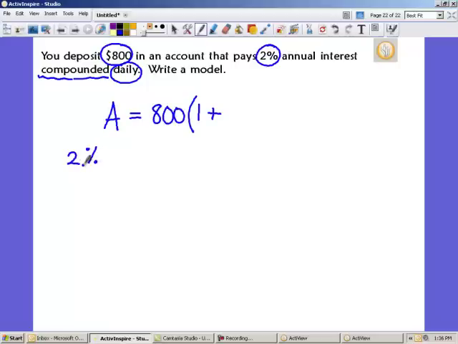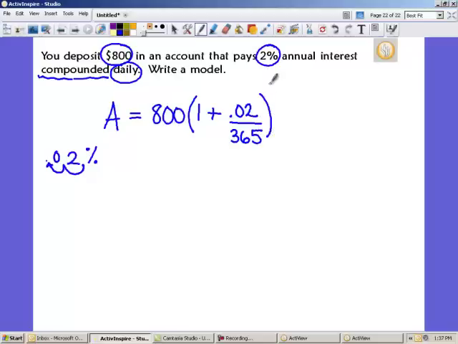The decimal starts here and we go back twice. So it's actually 0.02. And we're going to divide that by n, which is the number of times being compounded. Because this is daily, there are 365 days of the year. So that is how many times that they are putting interest into your account.